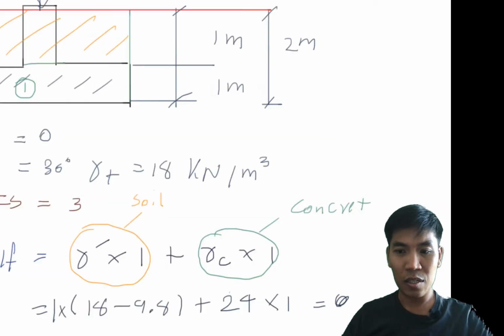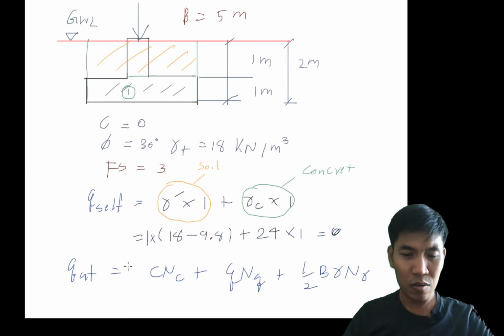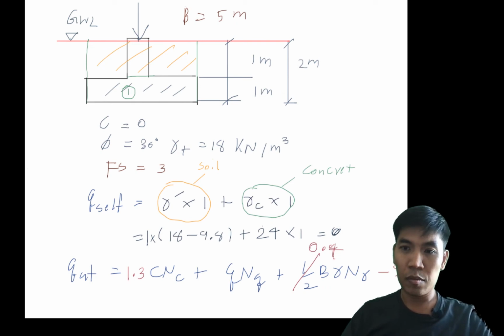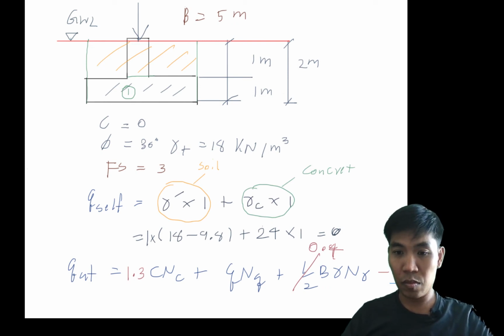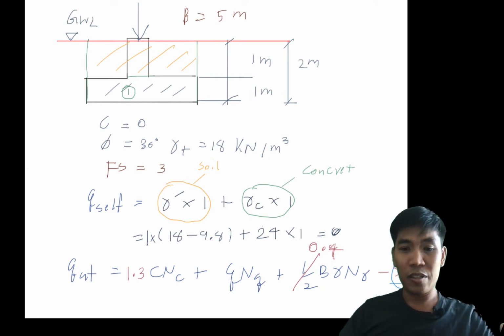So the 1 is changed to 1.3, the red one, and this one is changed to 0.4 for square footing. Okay, so this one is the starting equation for calculating our footing.